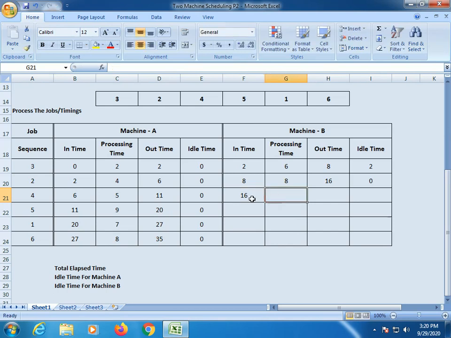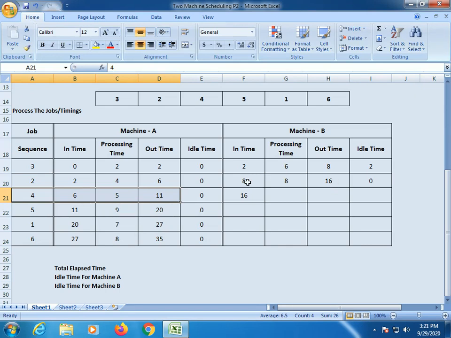Then we have to think, is the job ready? The next job is the 4th. At the 11th hour this job is completed on machine A and it is ready at the 11th hour. It is waiting for machine B, but machine B is performing the previous job at the 11th hour. At the 16th hour we have completed the previous job.